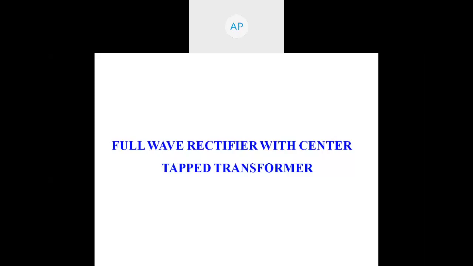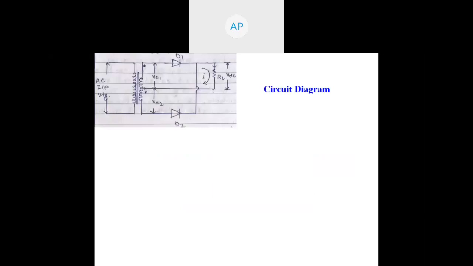So can we resolve this problem? Yes, we can: instead of a normal transformer, can we use a center tap transformer? If we use a center tap transformer, we have a circuit arrangement like this.